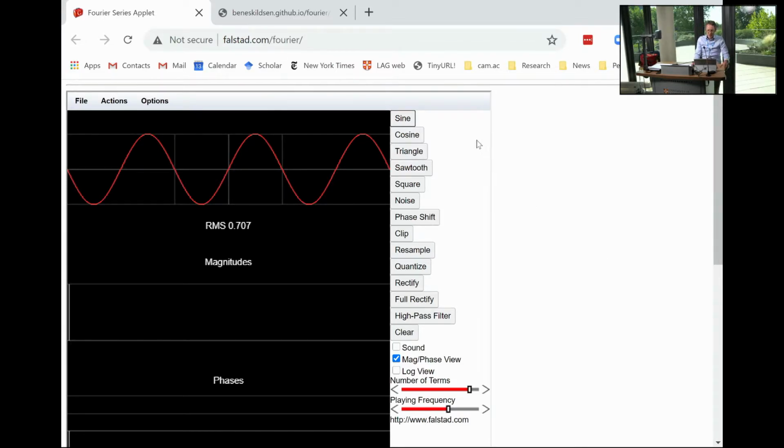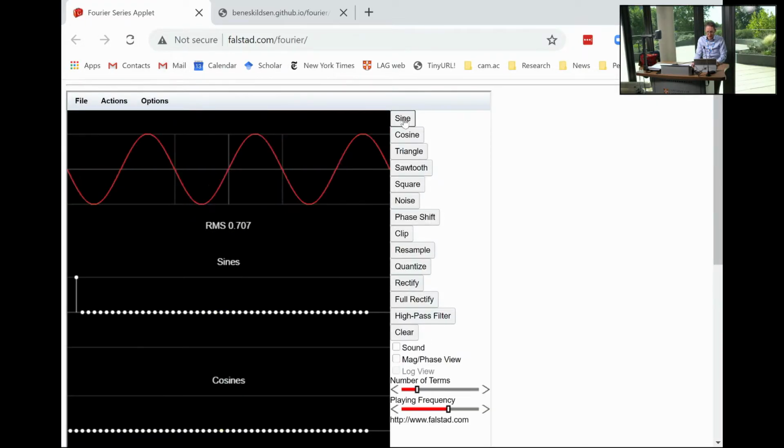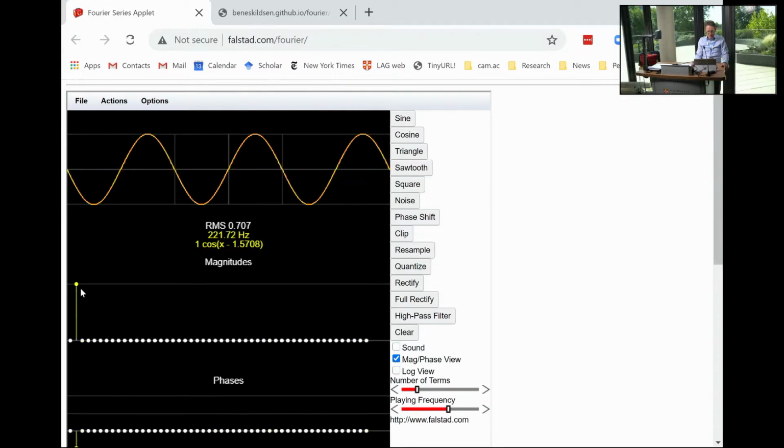And so what you see is one sine wave. So I start with the sine wave, and here I can show the sine wave amplitude. There are other sine waves that I can now put in.